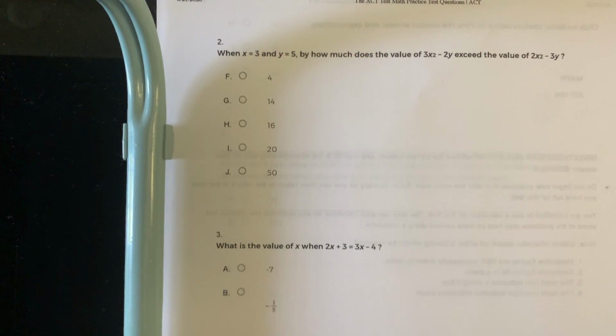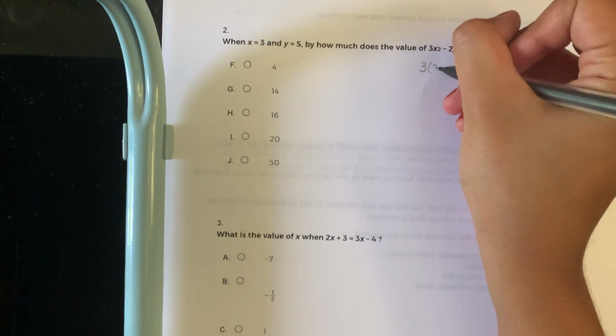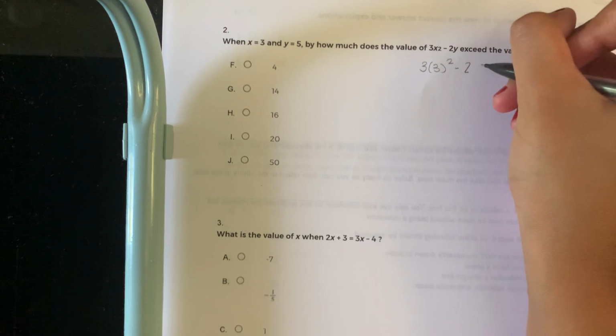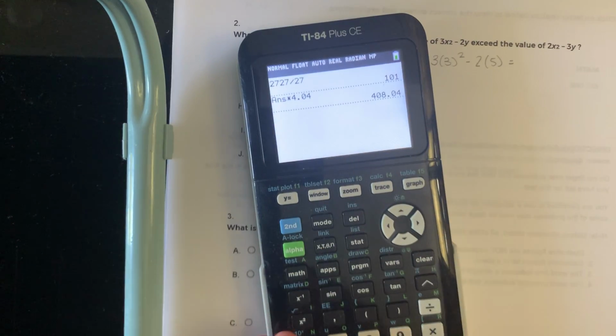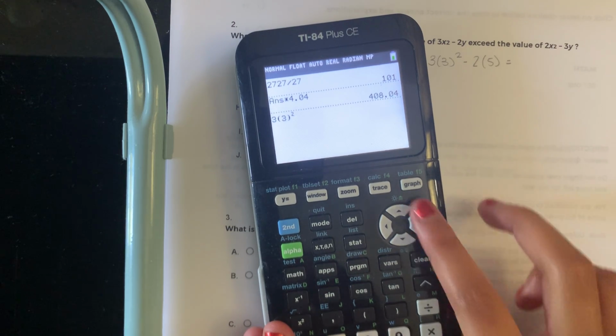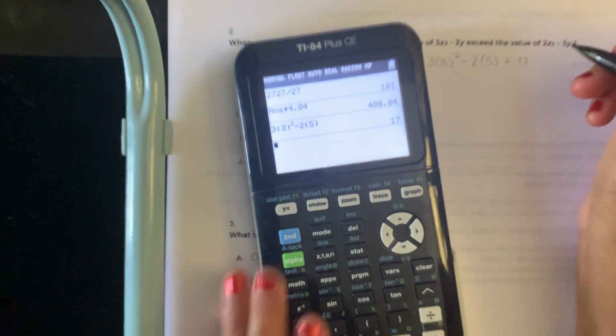So, number 2, when x equals 3 and y equals 5, how much does the value of 3x squared minus 2y exceed the value of 2x squared minus 3y? Okay, so 3 squared minus 2 times 5, this gives us, just put it in your calculator, 17.